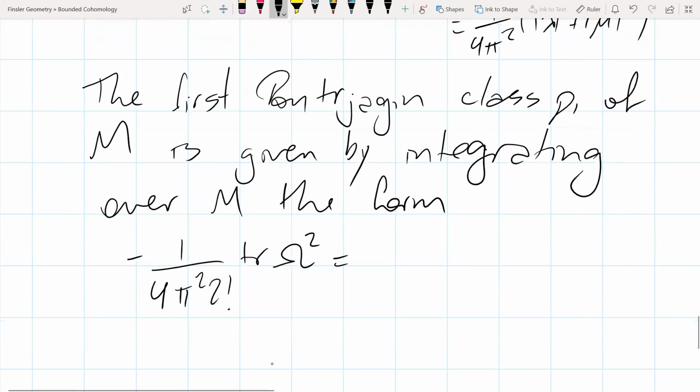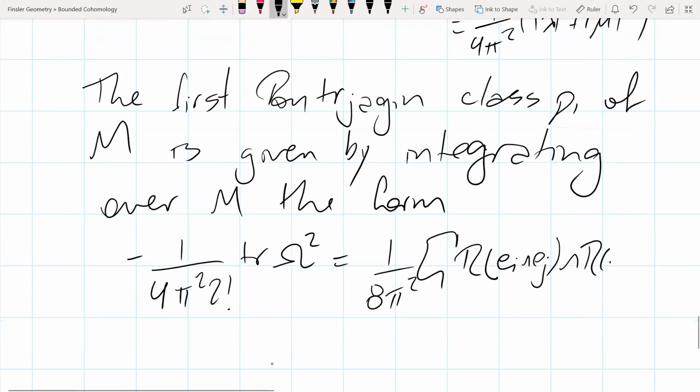So it's going to be 1 over 8 pi squared, and the sum of Omega_ij wedge Omega_ij.